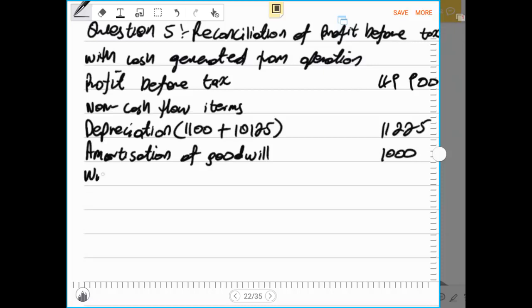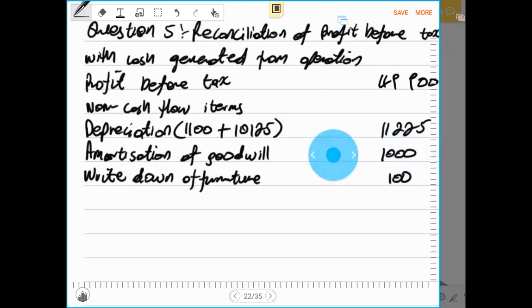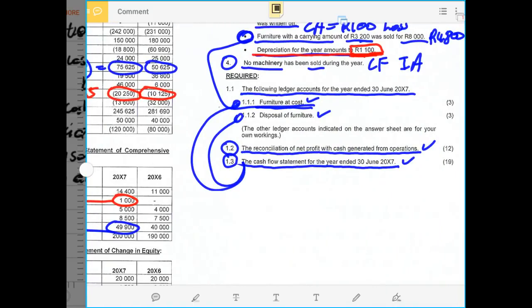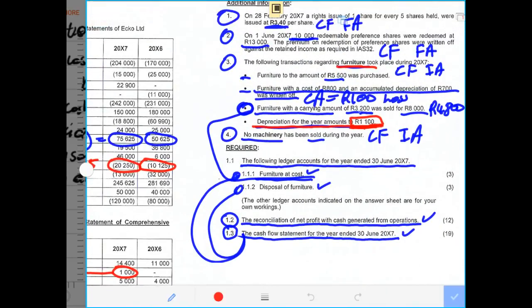Then we have to record the write-down of furniture, which is the furniture that was written down. We said that the write-down of furniture amounted to 100 rand, if my memory still serves me. It is the difference between 800 and 700, where the carrying amount was 800 and the accumulated depreciation was 700.